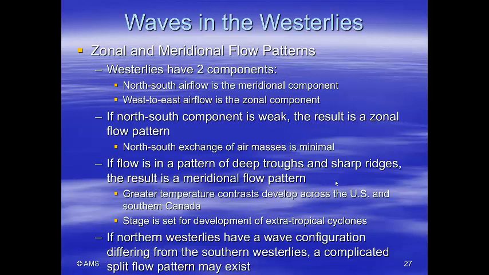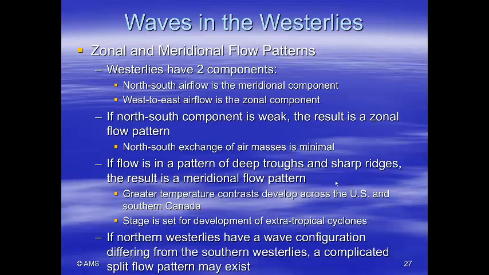So we get zonal and meridional flow patterns, and the westerlies have two components, a north-south airflow and a west-to-east airflow. If the north-south component is weak, the result is a zonal flow pattern. So what happens is the north-south exchange of air masses is minimal.